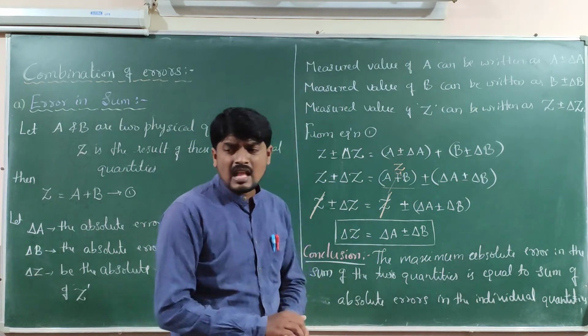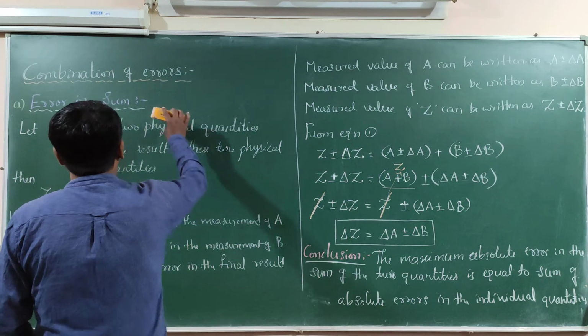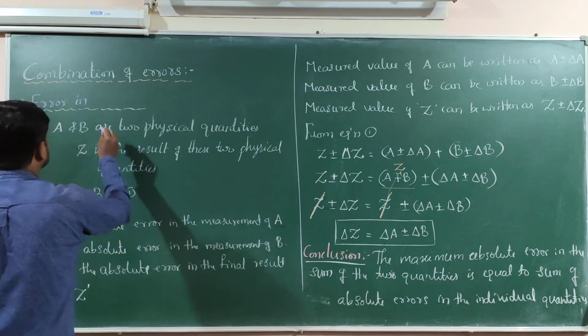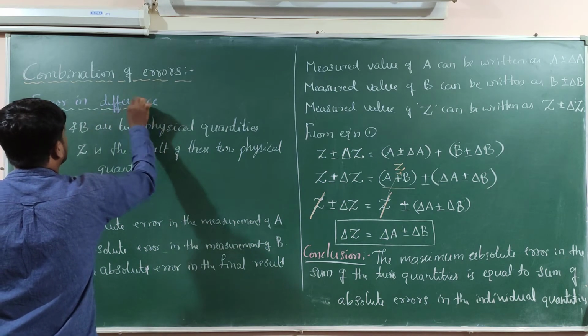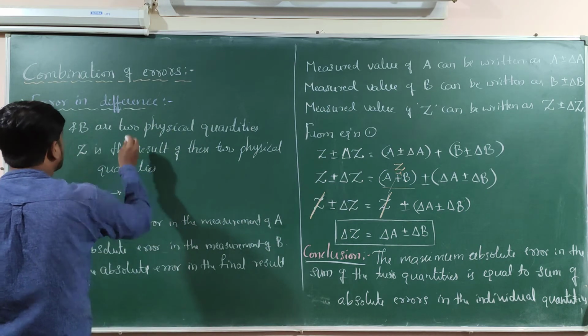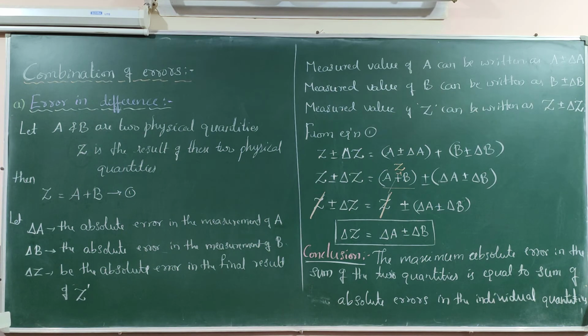Then after this, let us go to the next heading, which is called error in difference. If you go with error in difference, what are the things I am going to write here?